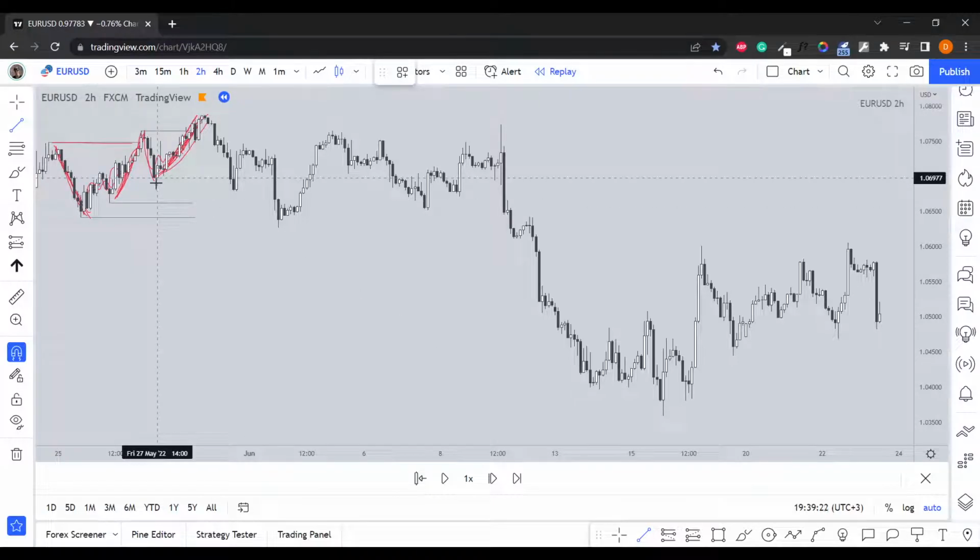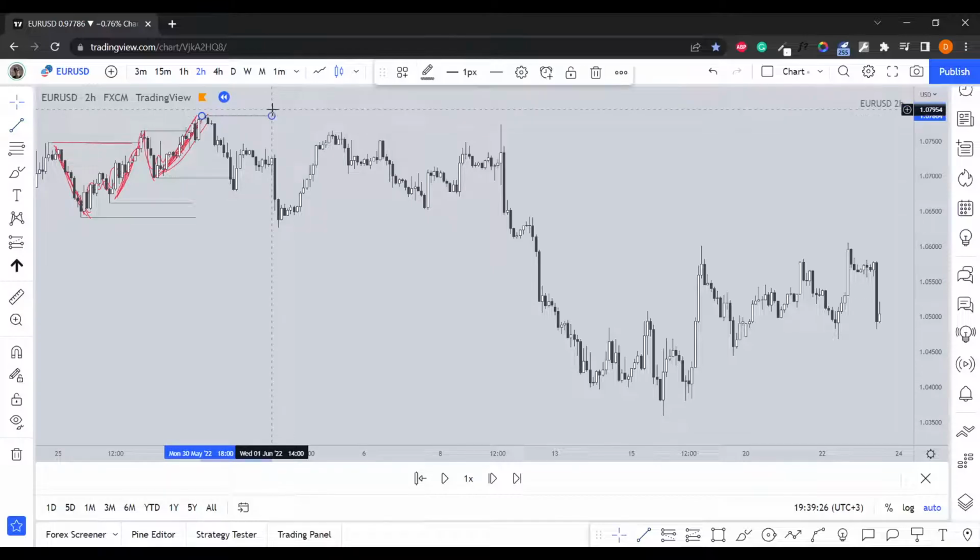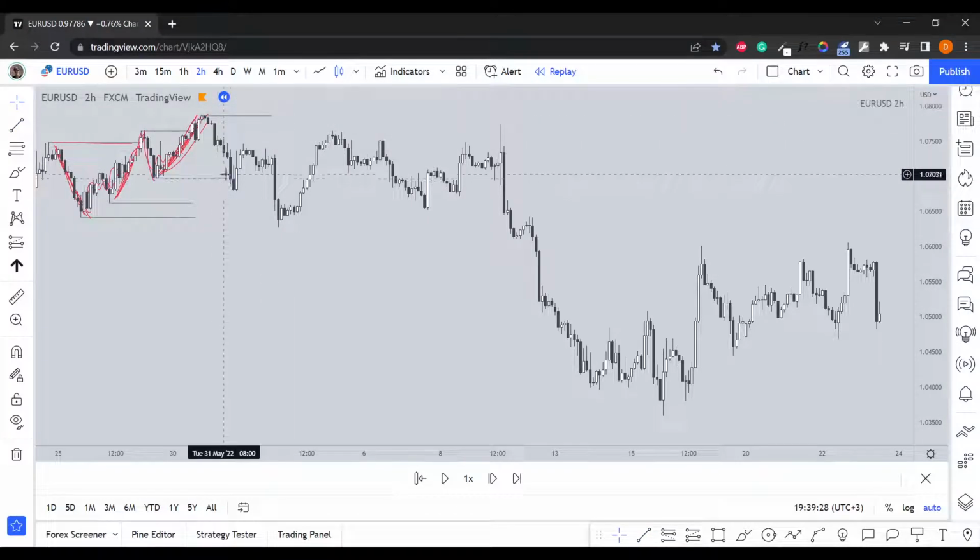Then we had this low and we had this high. This low got broken by this candle, as you can see, and now we have a down push with a break of structure.